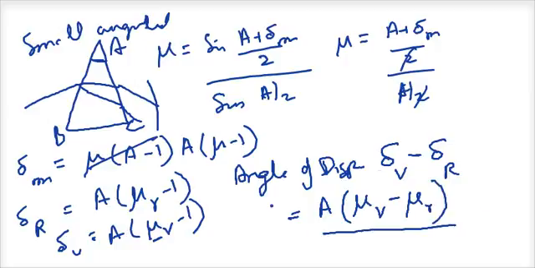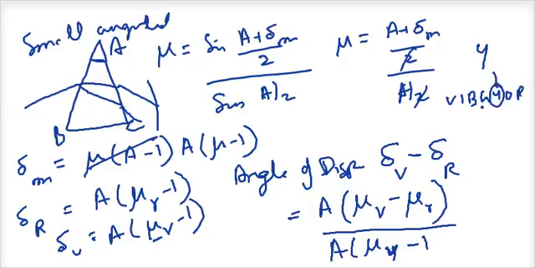Now suppose you assume yellow light to give the average deviation. I get A into (mu yellow minus 1). I am assuming yellow to have the average wavelength, representing the average refractive index, so this is the average angle of deviation.